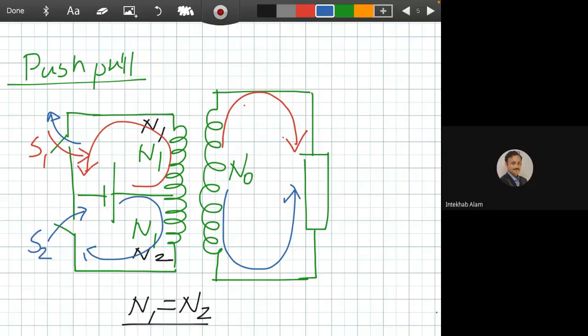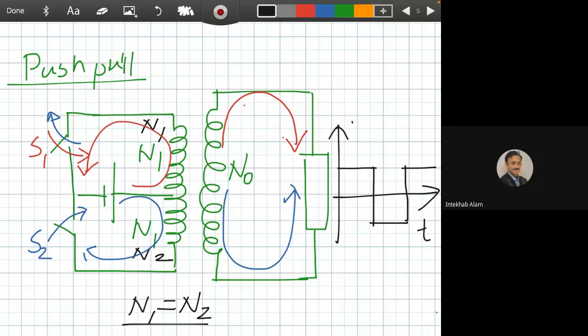So the output will be in this form. Okay, the output will become in this form.